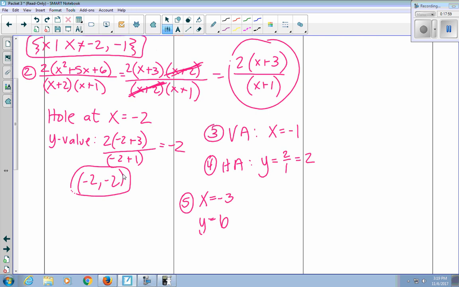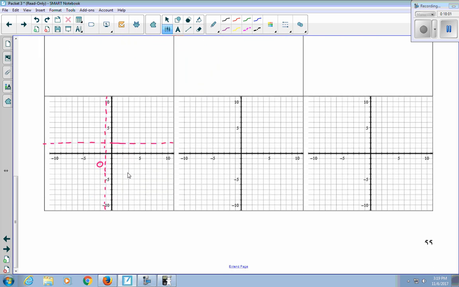I have an x-intercept at -3 and a y-intercept at 6. That looks like enough to sketch this graph. Just connect those points and use the asymptotes as a guide. There we go. So we did one with a hole.